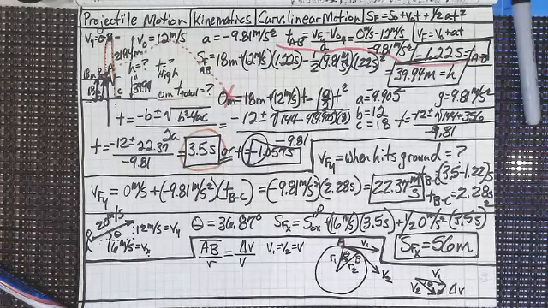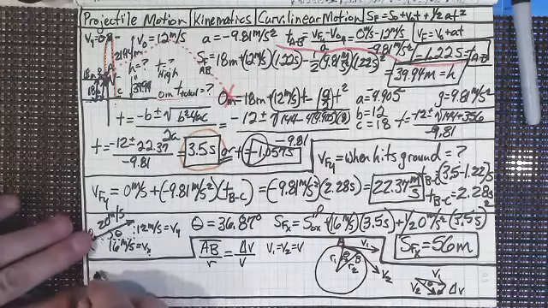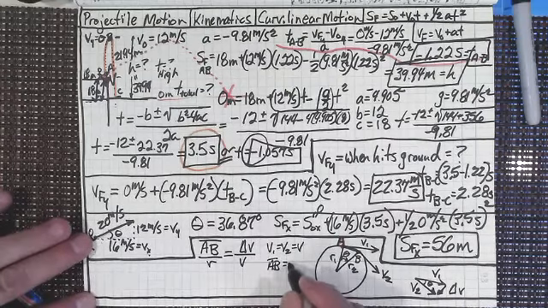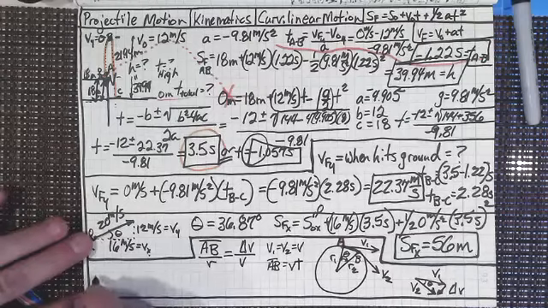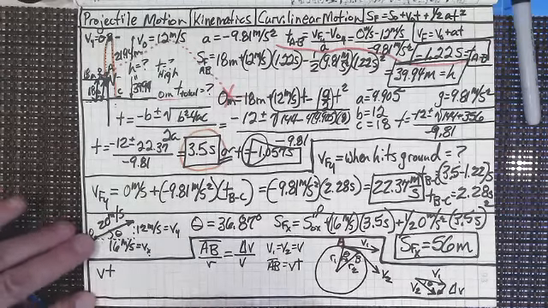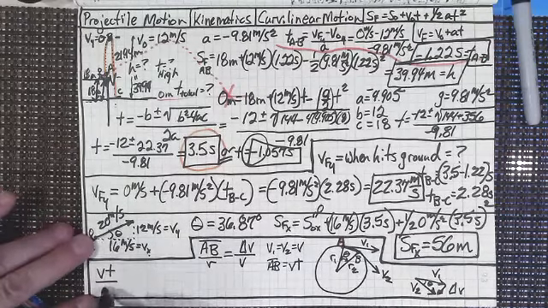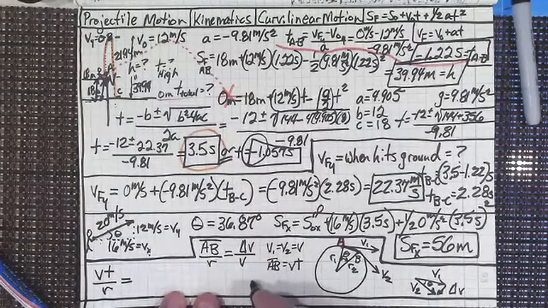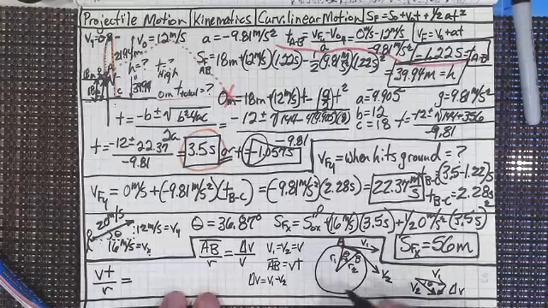Now, let's look at what AB is. AB is just my velocity times my time, isn't it? AB equals velocity times time. It's a distance. So my velocity times my time divided by R equals, and let's look at delta V. What is delta V? Isn't delta V just equal to V1 minus V2?